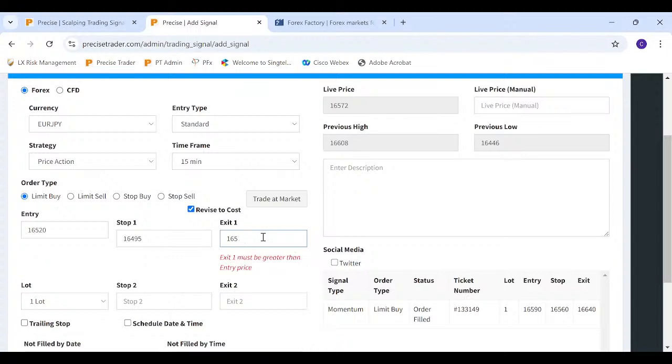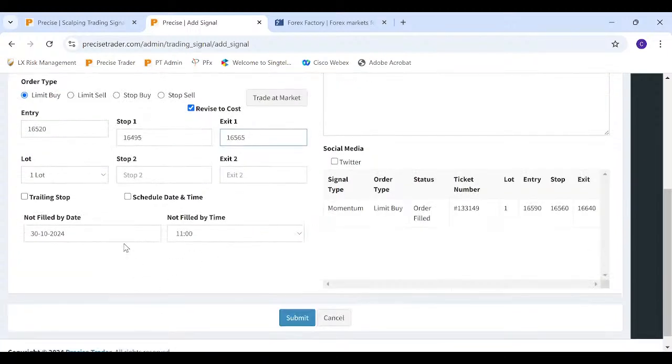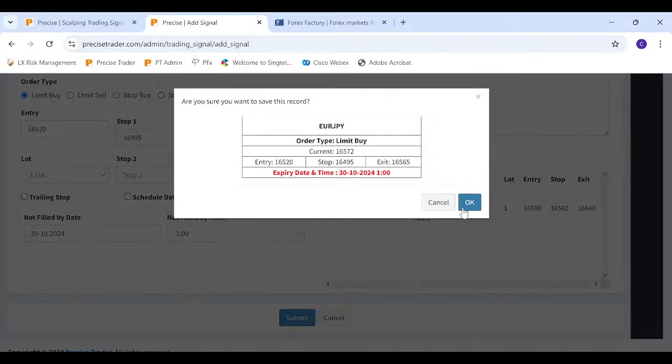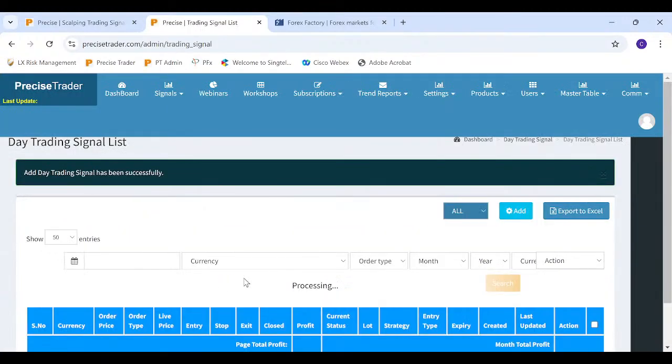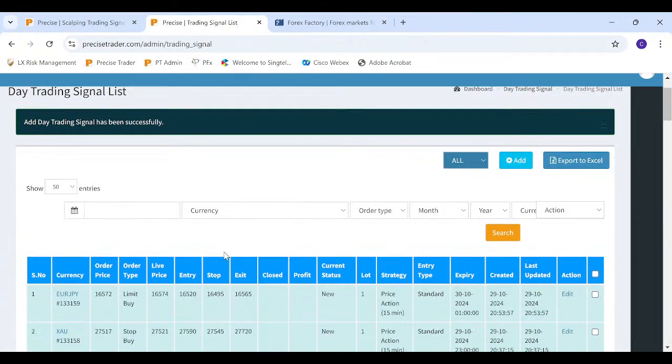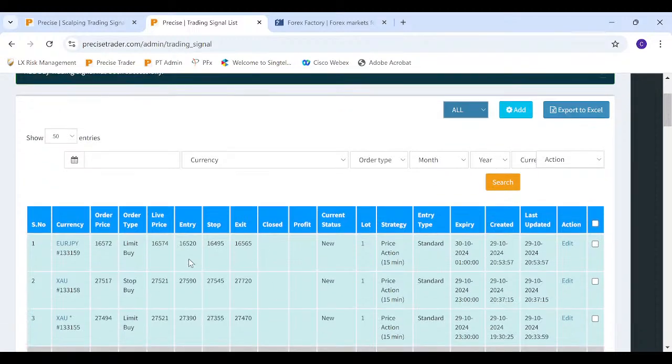So only about 45 pips, and this one, the expiry, I want to put until 1 a.m. That means after the time belt is finished, that means after our 360 weakness is finished, then we try to go for a buy. So this would be your buffer entry.